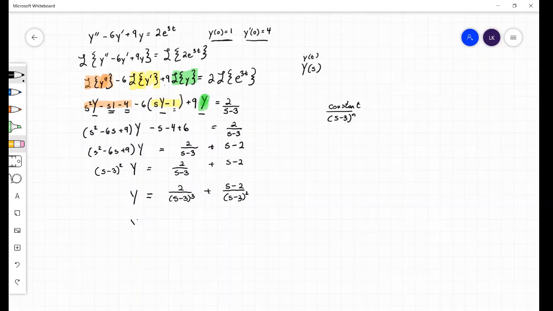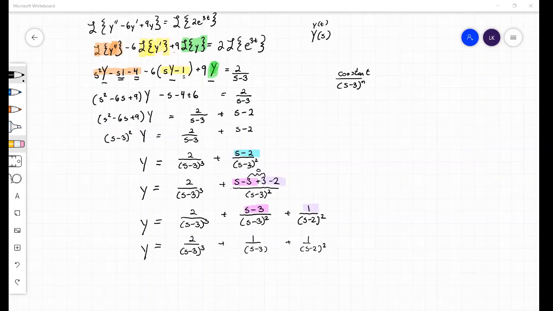With a little algebraic sleight of hand, it would be nice if that numerator were s minus 3, so we can make that happen by subtracting 3 and adding 3 in the numerator, so that way we're just adding 0. We can regroup and split that second fraction up into two separate fractions. So we had s minus 3 divided by s minus 3 squared. So now we can simplify.